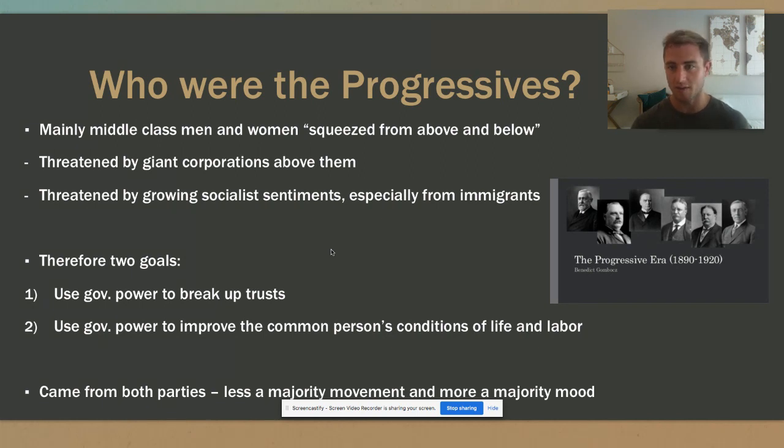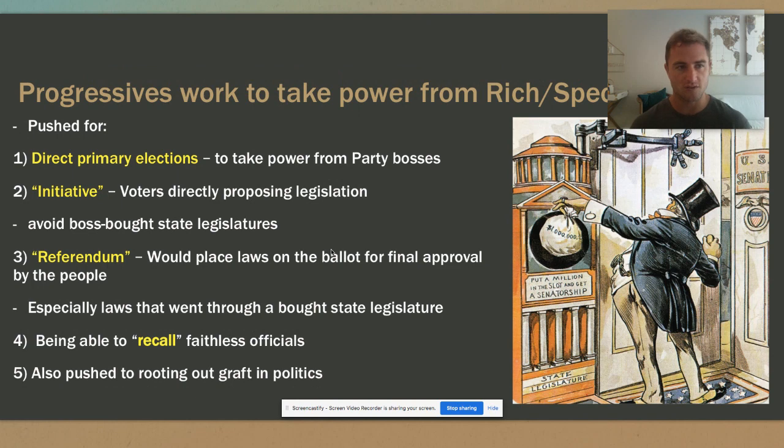And then at the bottom, we have the workers in the factories, the very, very poor, who are becoming more and more numerous, and they're starting to threaten to become a sizable part of the population that is desiring socialism, a radical change. And so the middle class kind of looks and says, we need to solve the problems above us with the giant corporations, and we also need to solve the problems below us, so that socialism becomes less appealing to the workers of the world, or certainly the workers of the United States. And so that's where progressivism comes in with the middle class.